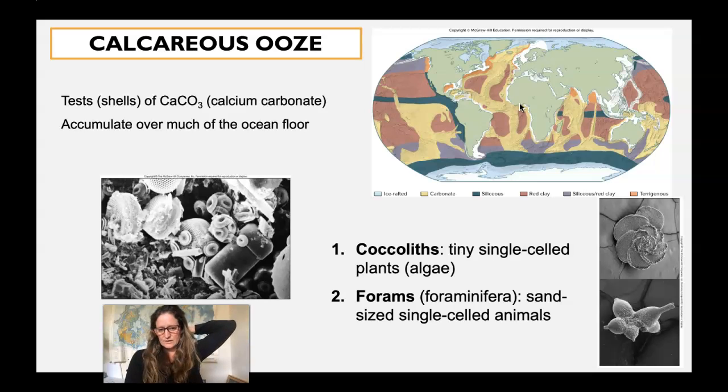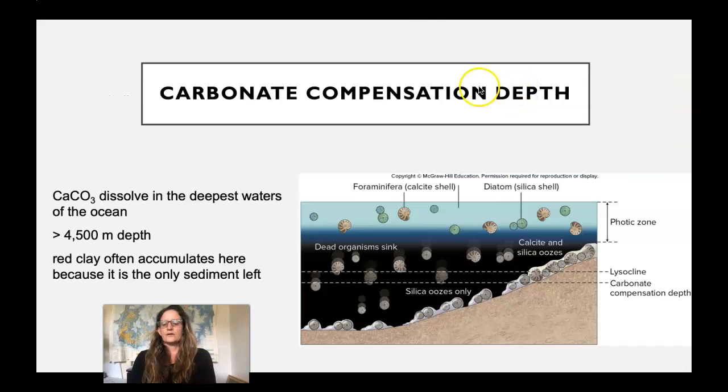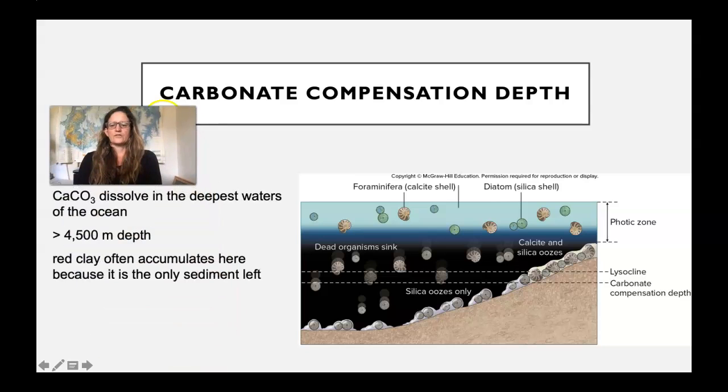The plants, again, are the coccoliths. They're little single-celled algae, and the forams are little sand-sized single-celled animals. The carbonates are not found in the deepest part of the ocean. The reason is that calcium carbonate dissolves at depths greater than 4,500 meters. In these locations of the ocean, then red clay is going to dominate.